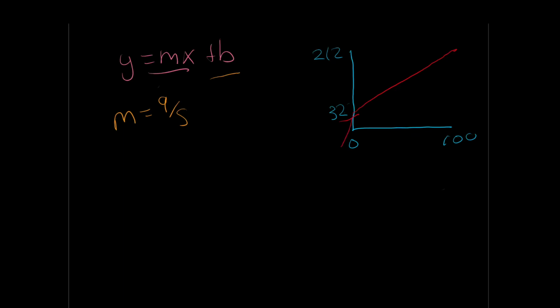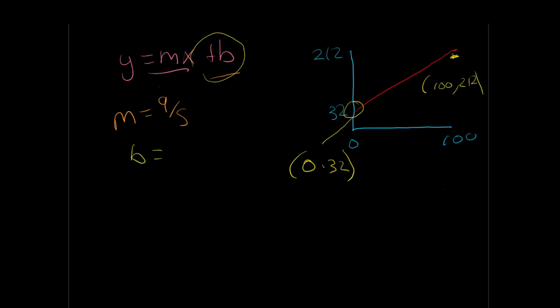Here it would be 0, 32, the ordered pair, and up here it would be 100, 212. We need the y-intercept, so we can see it intercepts the y axis at 32. So there we have our value for b. So b equals 32.